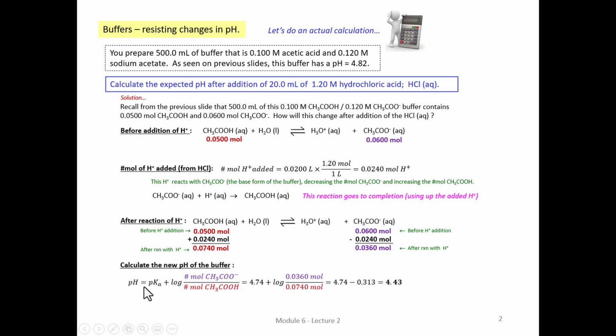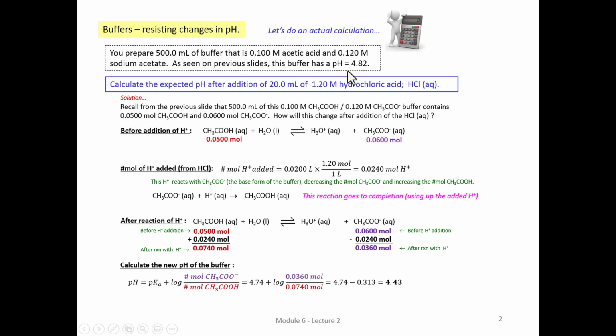So we have pH equals pKa, which is still 4.74, plus the log of the number of moles of acetate over the number of moles of acetic acid, which is now 0.0360 divided by 0.0740. So you take the log of that, and you get 4.74 minus 0.313, or a pH of 4.43.